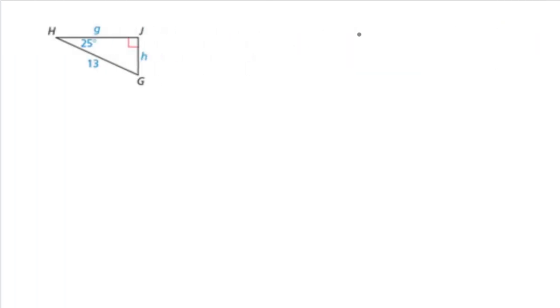So first, let's talk about sine again. So sine, I have opposite over hypotenuse. So that means the sine of 25 is equal to h over 13. And again, this is just a number because it's a ratio.